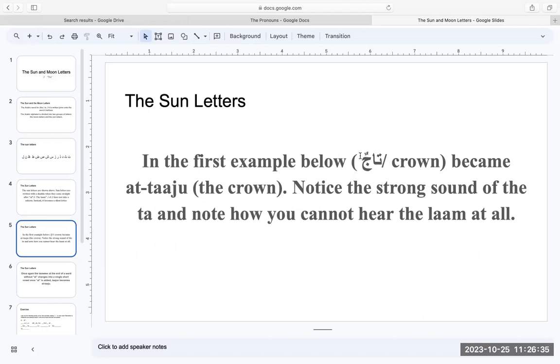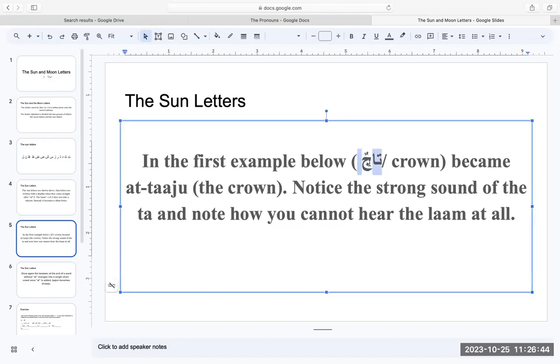The noun cannot take tanween if there is alif lam. It can take tanween by itself, but the second you add alif lam, it must have just dhamma. You cannot add tanween.